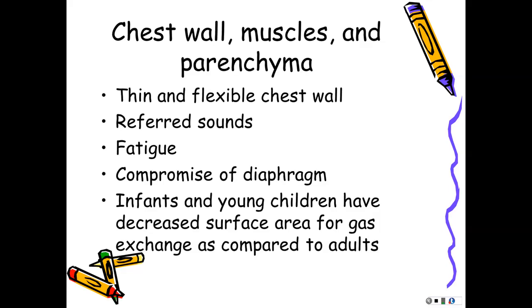Remember that because their ribs are still full of cartilage, they haven't hardened into bones yet. I like that word, cartilaginous. So because of that, they have very thin and flexible chest walls. So that's why you can see retractions really well. You can also, unfortunately, hear referred sounds. Sometimes it'll be an upper airway noise, but when you're listening to the lungs, you'll think it's there.